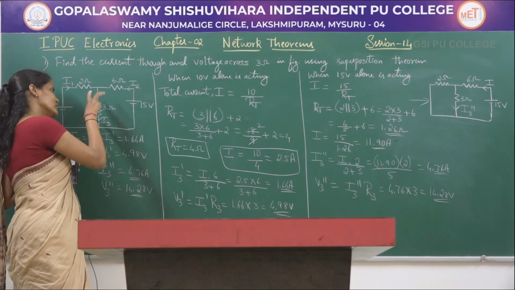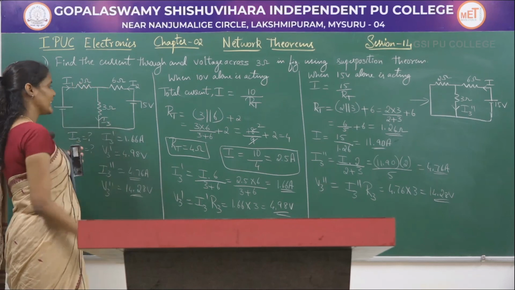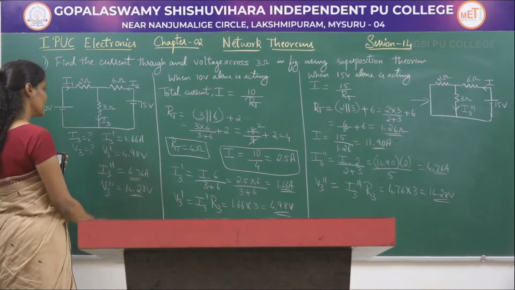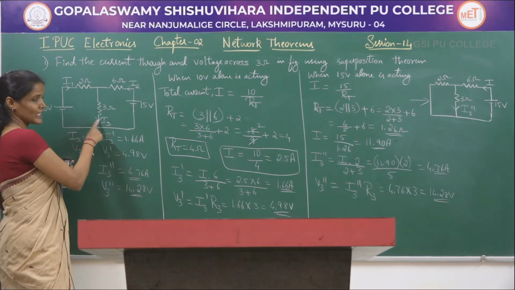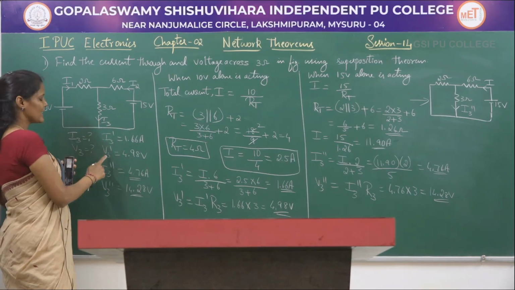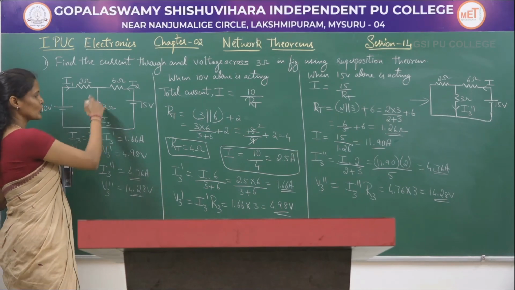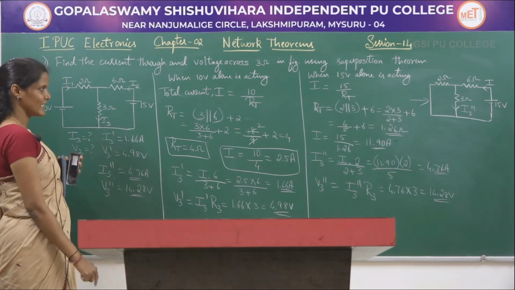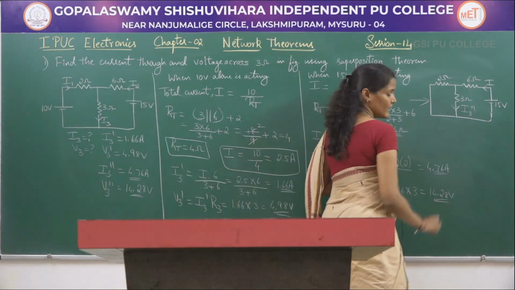You have to find out the total current through this resistor and the total voltage across this resistor. You have to add I3 dash and I3 double dash in order to get the total current I3, and V3 dash and V3 double dash must be added in order to get the total voltage across this 3 ohm resistor. So let me write it here.